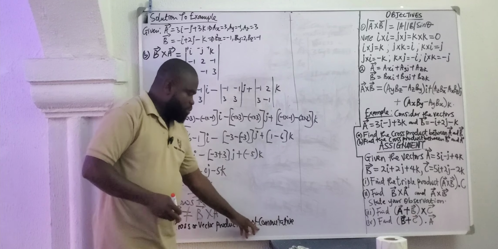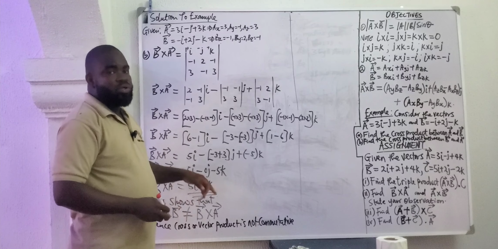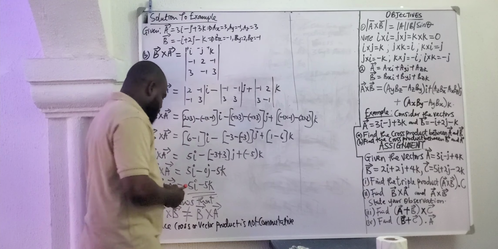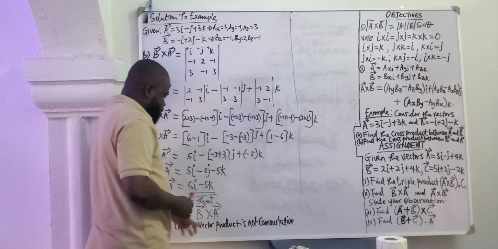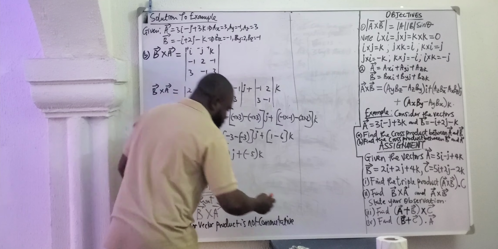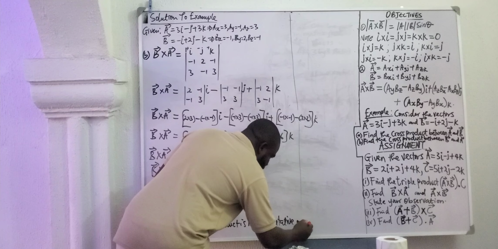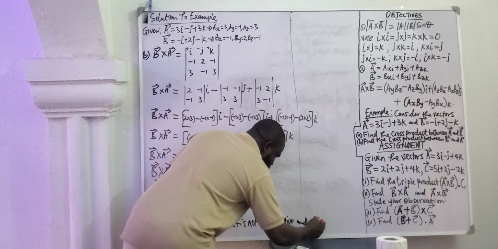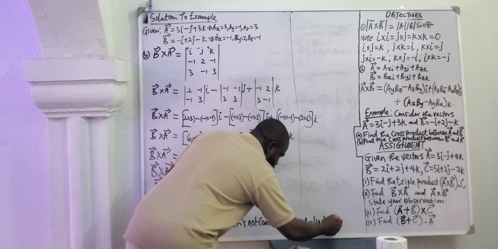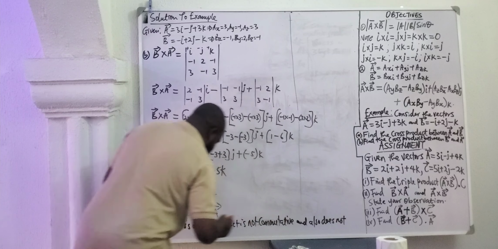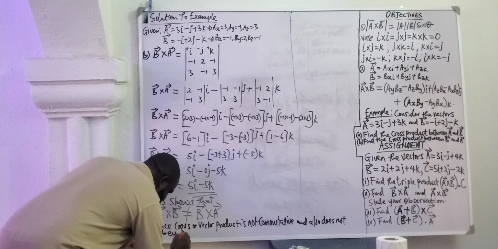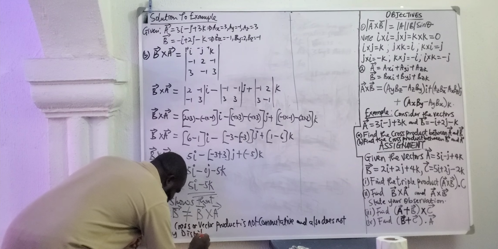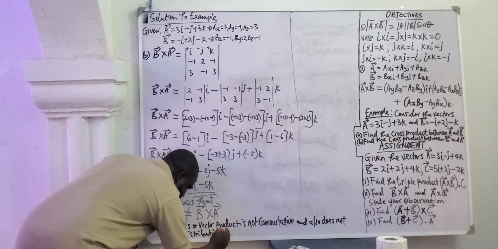If it does not obey commutative law, it will also not obey distributive law. So let me just add that for want of time. Cross product is not commutative and also does not obey distributive law.